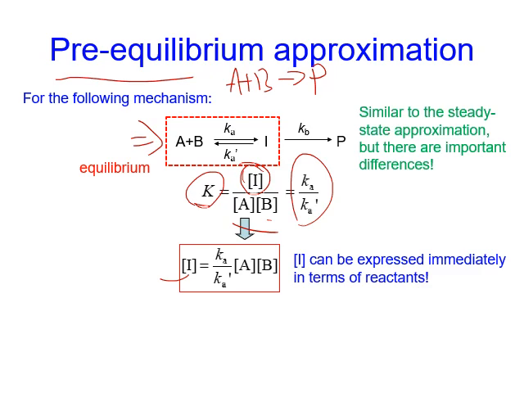So the rate law for P is the second step, which is Kb times I, because I is the reactant.